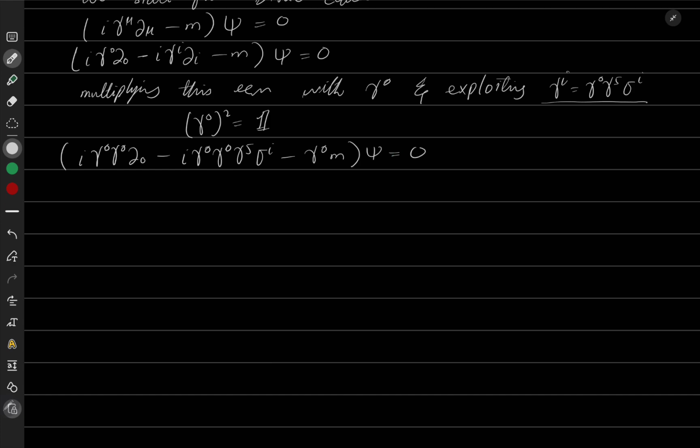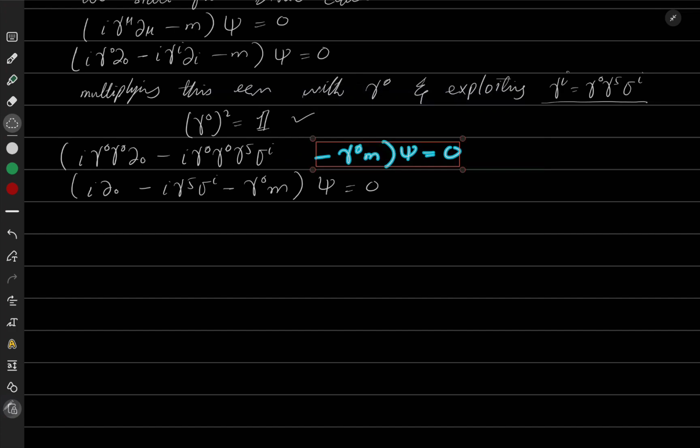After that I use this identity, and I will be left with i∂_0 minus iγ^5 σ^i ∂_i minus γ^0 m, into ψ. And here I forgot to put in the ∂_i, and I'm going to put them right now.